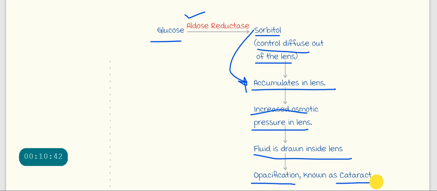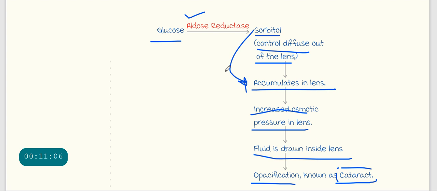So what is basically happening? Sorbitol cannot diffuse out of the lens. It accumulates in the lens, increases the osmotic pressure of the lens, which draws fluid into the lens, and this leads to opacity, which ultimately causes cataract.